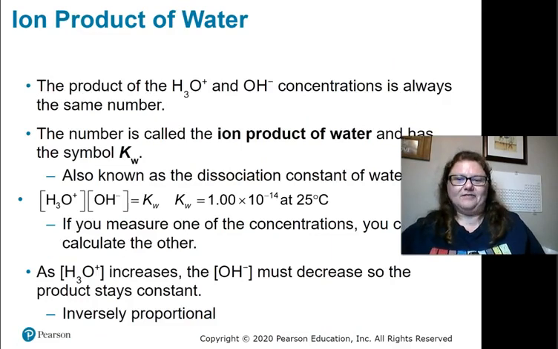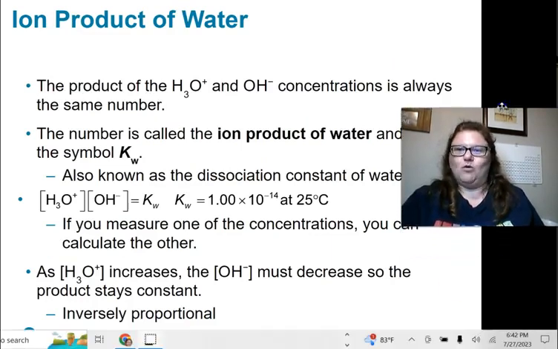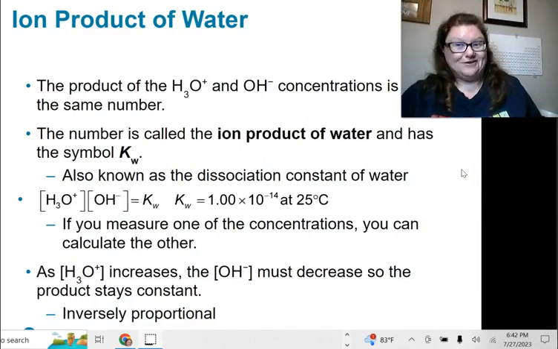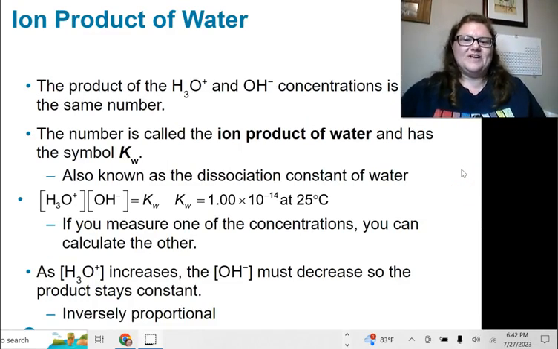So then we can have something called the ion product of water, and this is represented by Kw for water. When we have the product, we're multiplying the concentrations, like you just saw on the previous slide, hydronium and hydroxide, you're always going to get the same number. That number is the ion product.